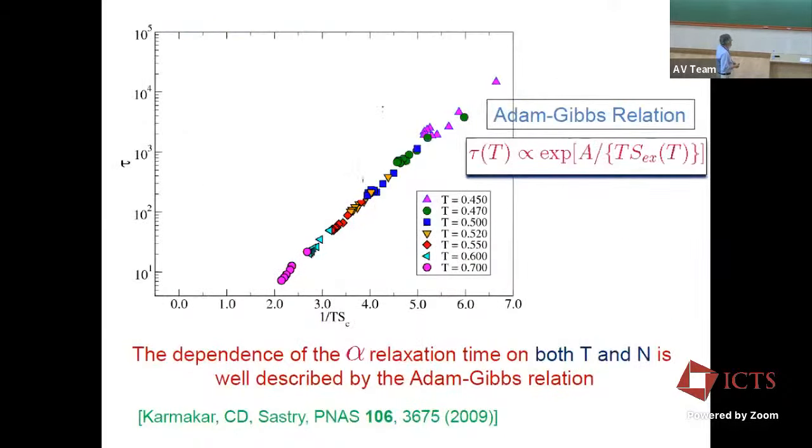This is just to show that we also did some work some time ago, where we tried to test this Adam-Gibbs relationship, numerically calculating the relaxation time and the configurational entropy. Again, one finds something that works reasonably well. But of course, here we have maybe 3 orders of magnitude, while in real experiments, we have 10 orders of magnitude. So the evidence there is, in some sense, much more believable.